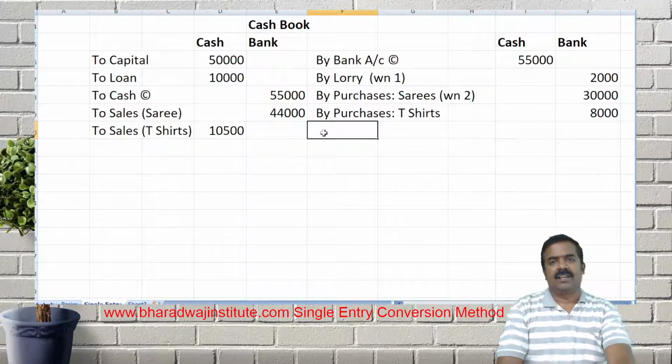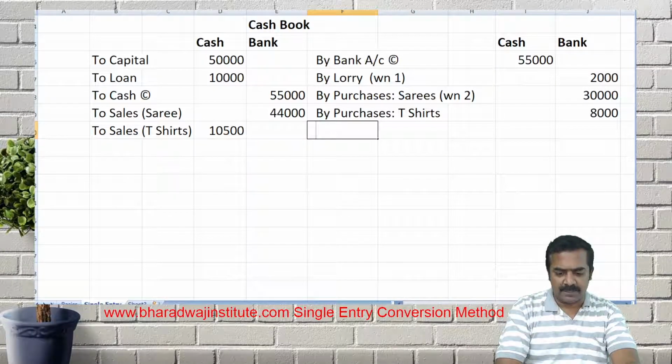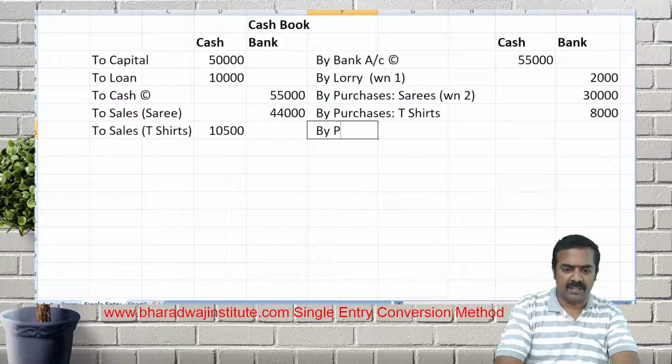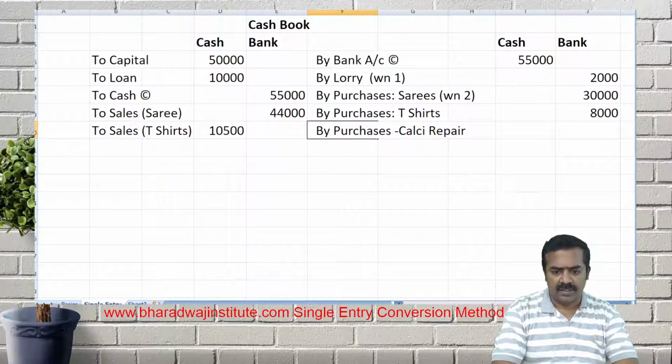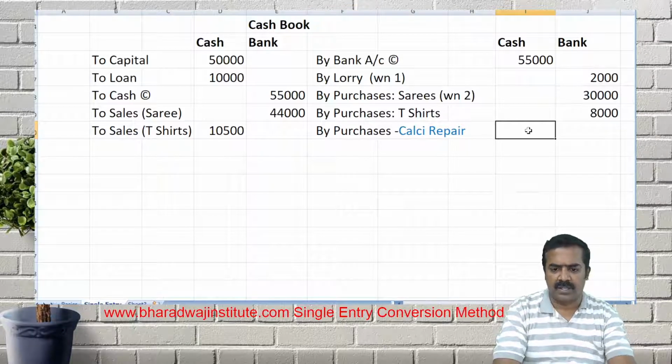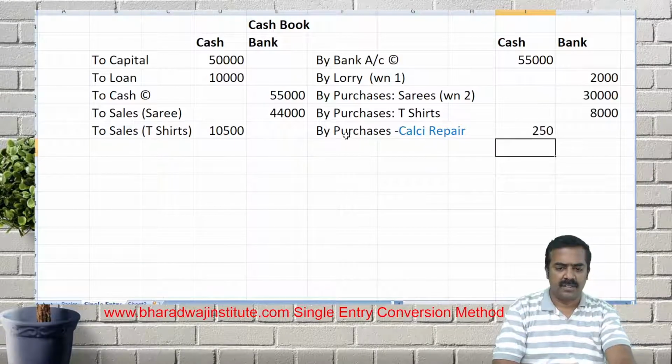So calculator purchases not paid, but the repair expenses were. That also will be recorded as purchase. It is part of purchases of Cal C repair. Buy cash. Calculator repair will be recorded as which one? Purchase cost of calculator only. 50 into 5, 250 rupees paid in cash.